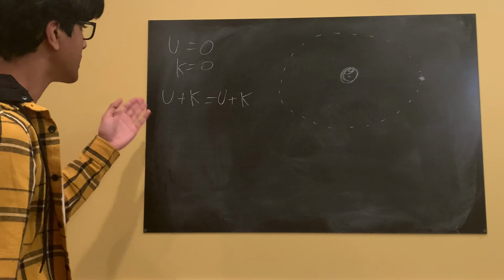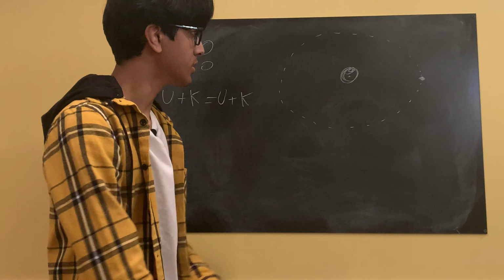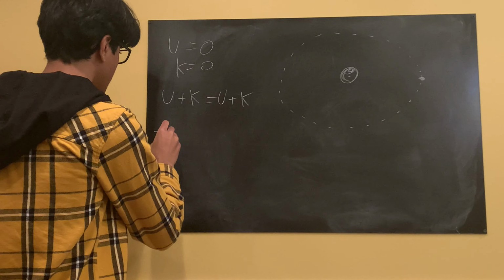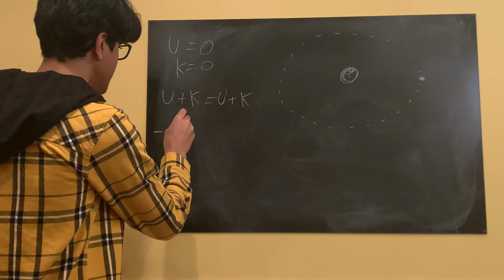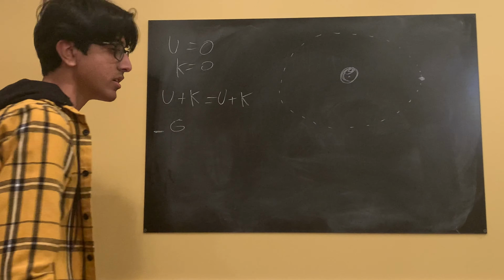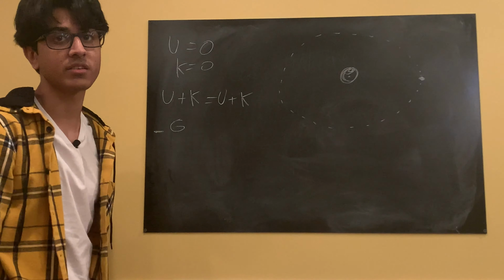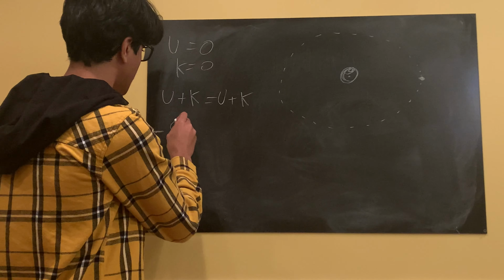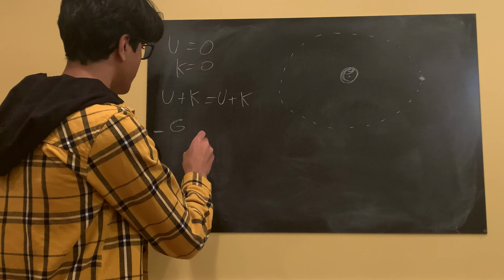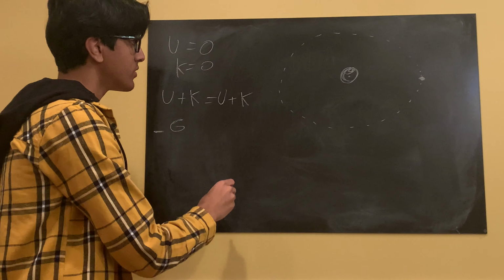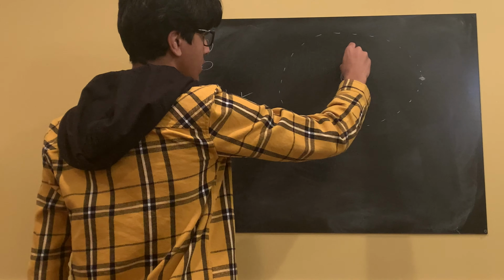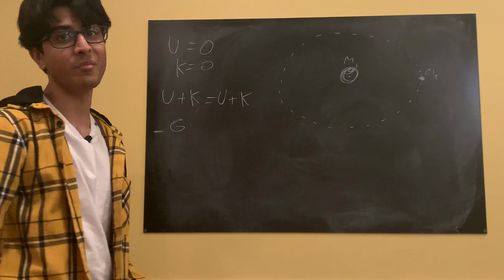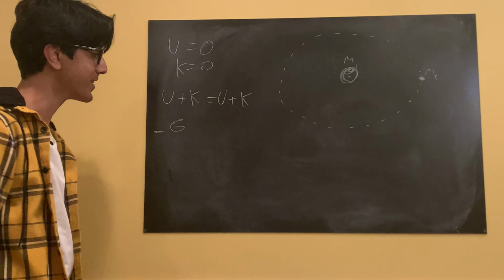So what's the potential energy of this object over here? Potential energy is negative, and it's G, our universal gravitational constant, which is around 6.67 times 10 to the negative 11th. So it's going to be G times M1 times M2 for the masses. I love my variables, so we're going to stay away from numbers here.